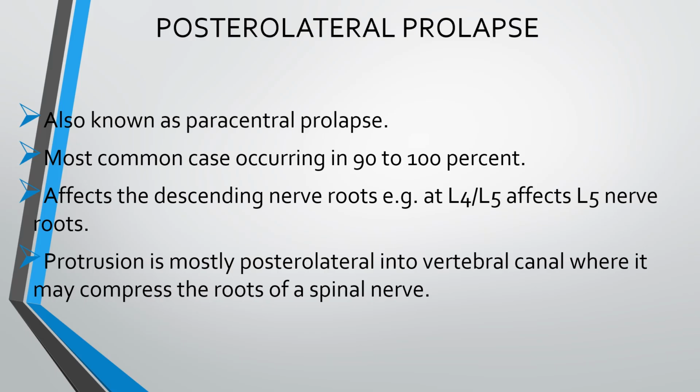That's why it affects the L5 nerve root. And the protrusion is most commonly posterolateral into the vertebral canal, where it may compress the roots of the spinal cord. And this mostly appears as backache with shooting pain that radiates to the lower limbs.